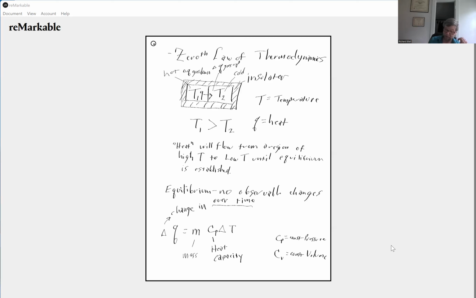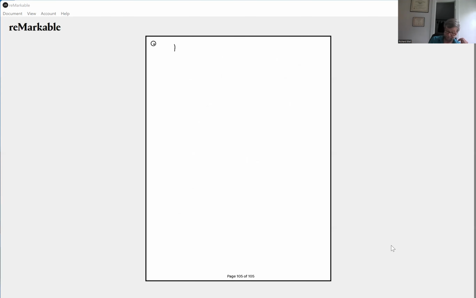Let's talk about three terms. Heat capacity is the one I strongly recommend that you use. And I'm going to look up heat capacities here. There are some things that I just don't keep in my head, and I do need to look them up. This is, I think, the first time I've used this book.